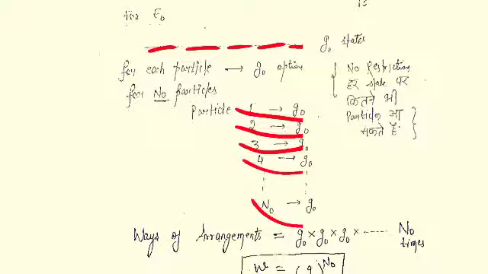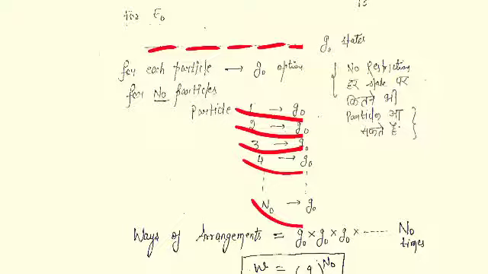And one more thing, there is no restriction: we cannot arrange particles in the same state, we cannot put more than one particle in the same energy state, there is no such restriction. We can arrange as many particles in any of the energy states. In a particular energy level you can put more than one particle, 2, 3, 4 or even N0 particles. So for each particle there are G0 ways of arrangement possible.